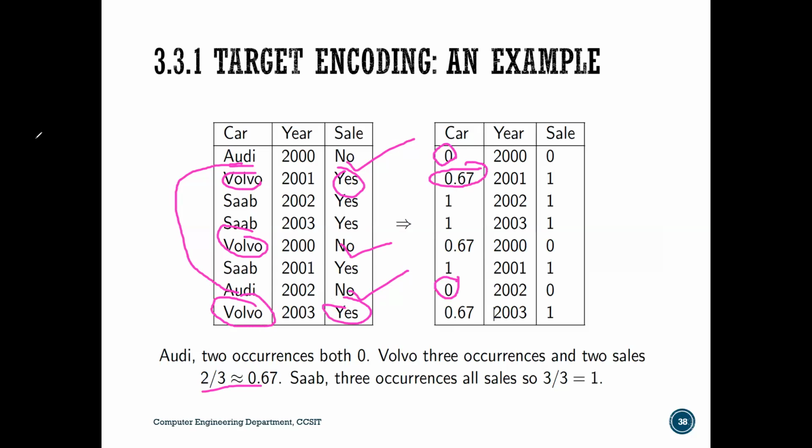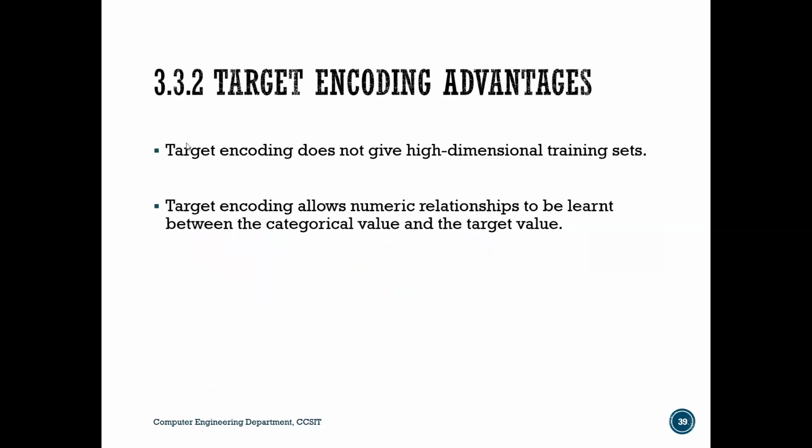Target encoding advantages: it does not give you a high dimensional training set, which was the issue right before. Target encoding also allows a numeric relationship to be learned between the categorical values and the target values. These are the advantages of target encoding.